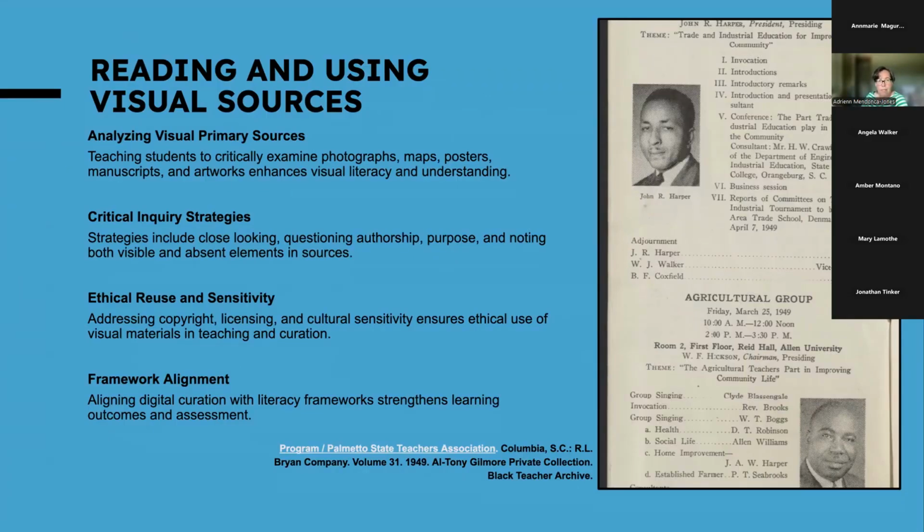This is a slide about reading and using visual sources. Why would you do that? What is the importance of it? It allows, again, for the close looking, talking about authorship and purpose. Like, where is this coming from? What is this information telling you? It's about some of the trade groups of the Palmetto State Teachers Association, and this is a part of the Black Teacher Archive, which is, I believe, housed at Harvard.